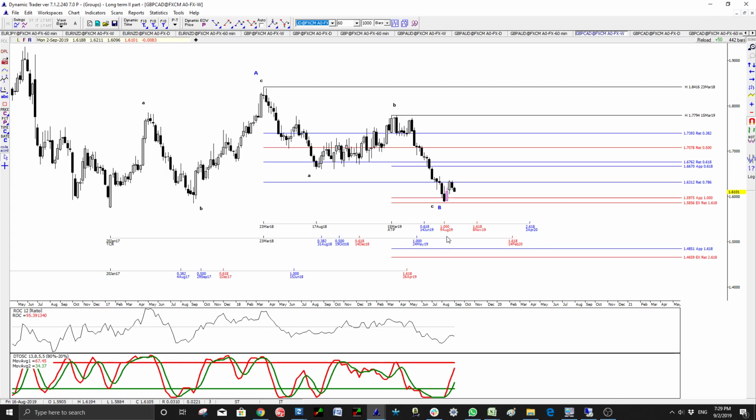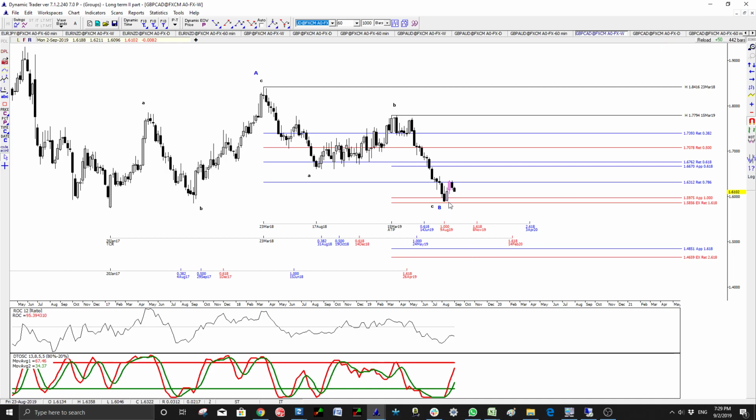We are close, at 100% of the time zone of the A wave. But still, the price is not really right, and the timing is not really right here. With the time zones, they are not really right. So ideal for me would be for all of them to come together. But we'll see what happens.